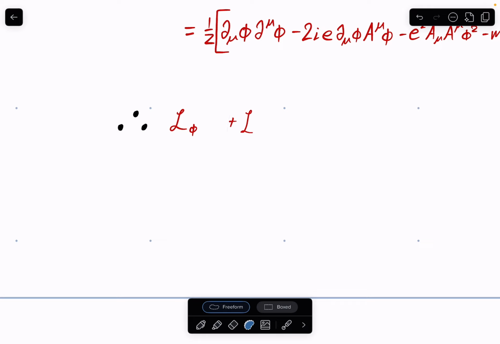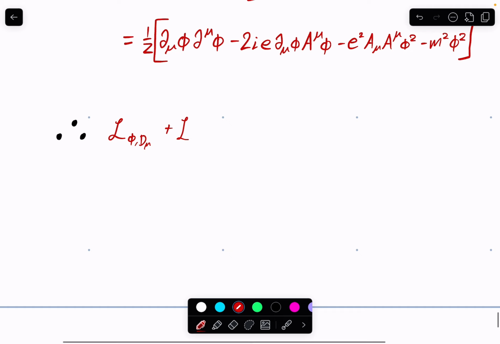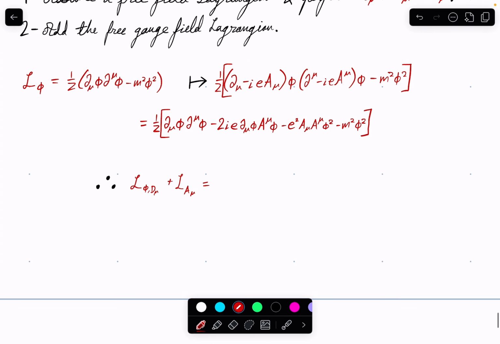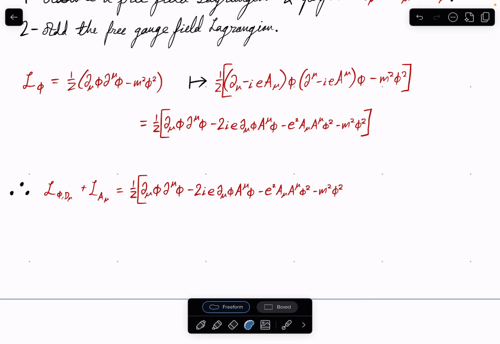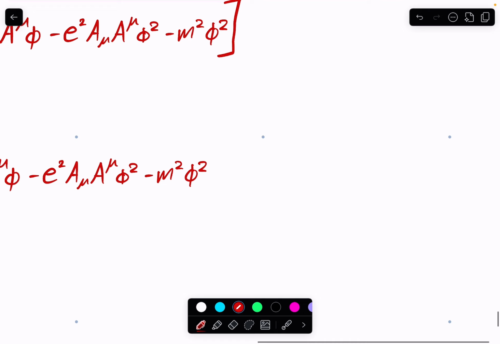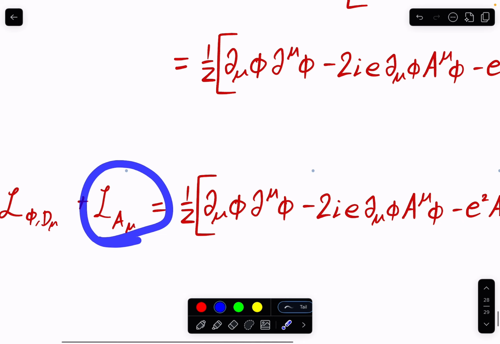So this will be that, and we get all of this plus the electromagnetic term, or I guess it's minus the, there's a minus sign in the Lagrangian for this.